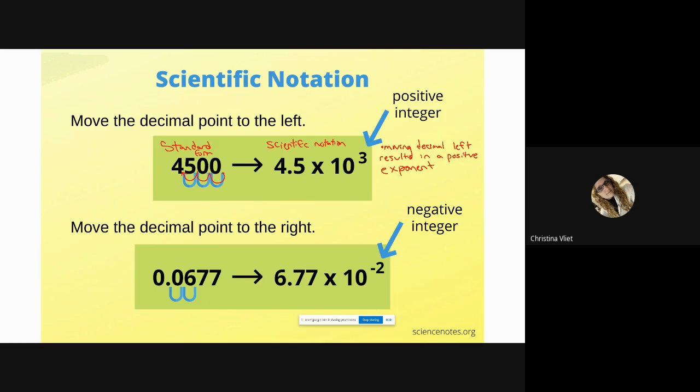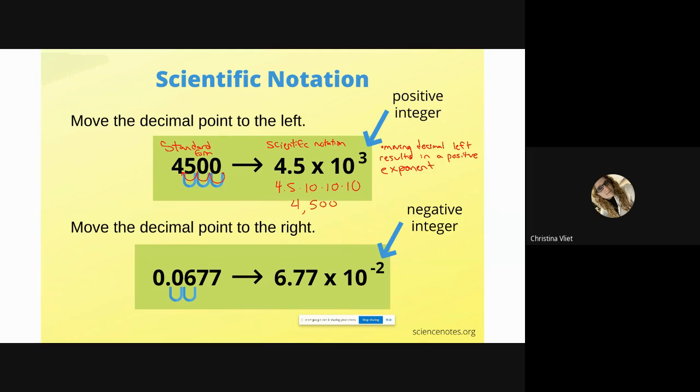Now, 10 to the third, what is that? A little bit of math here. What is 10 to the third? 1,000, right? It's 10 times 10 times 10. So this is actually 4.5 times 10 times 10 times 10. If you were to put that in any calculator, you would see that it would work back out to be 4,500. These two are the same exact value.